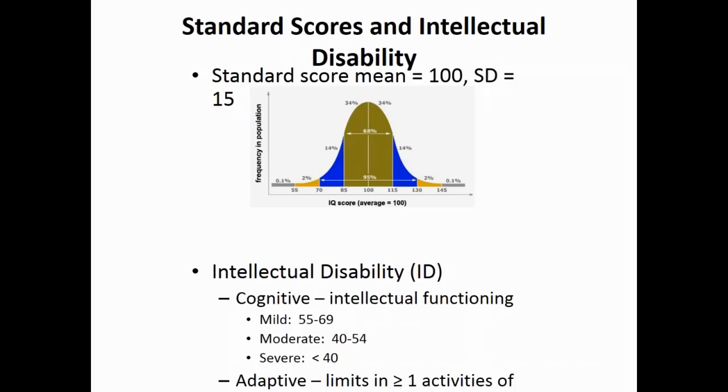Comprehensive testing that's valid and culturally appropriate and measures that are more than 2 standard deviations below the population mean is a level of intellectual disability. So every standard deviation below 70 describes another level. Mild ID is 55 to 69, moderate 41 to 54, and severe below 40.